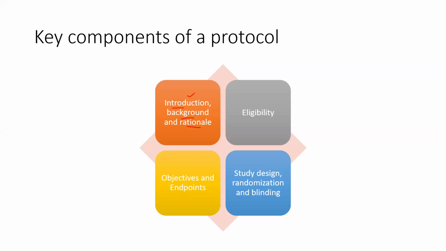What are the current options available? Why are you doing this, what is your rationale for this research? In fact, you will also provide the mechanism of action of the drug that you are using, and how it is different from the available treatments, so that you always set the context, right?